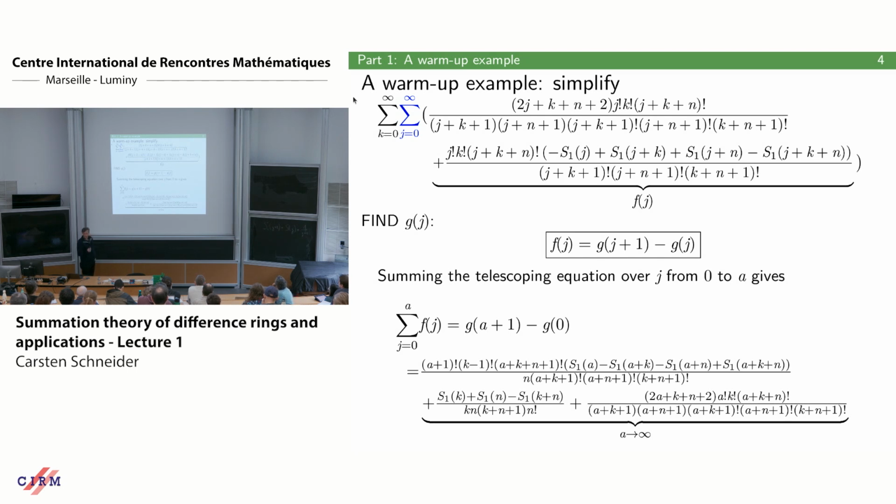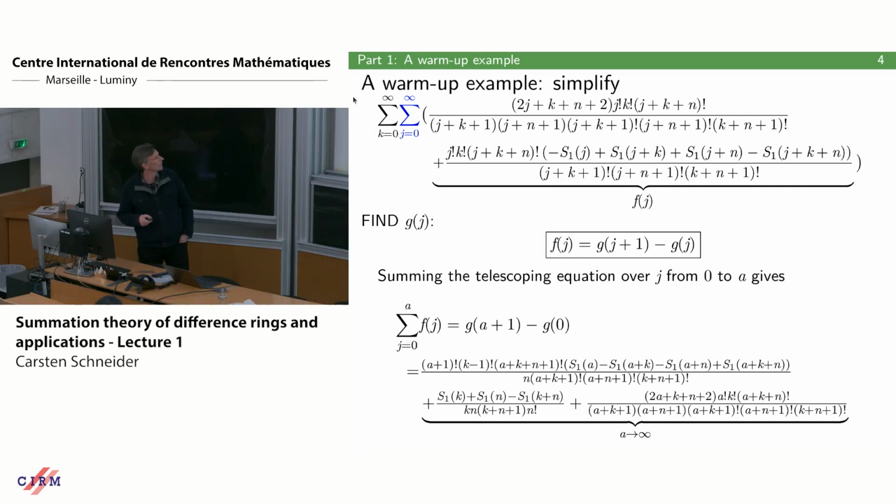And finally, I send a to infinity because I want to have the summation for where a goes to infinity. And if we know that the harmonic numbers, yeah. Only the first, this part here. No summation, so I dropped these two summation quantifiers and just look at the, okay.